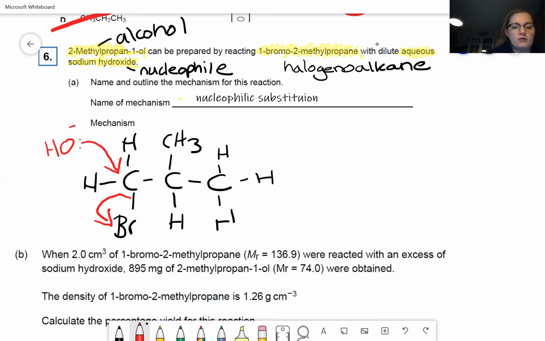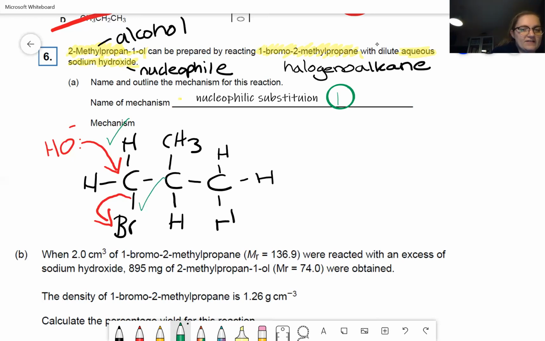So I'm going to talk you through on the mark scheme where you get the marks. This question in total is worth 3 marks. You get 1 mark to say nucleophilic substitution. You get the second mark for showing a curly arrow from the lone pair on the oxygen to the carbon of the carbon-bromine. And you get your third mark for showing a curly arrow from the carbon-bromine bond to the bromine.